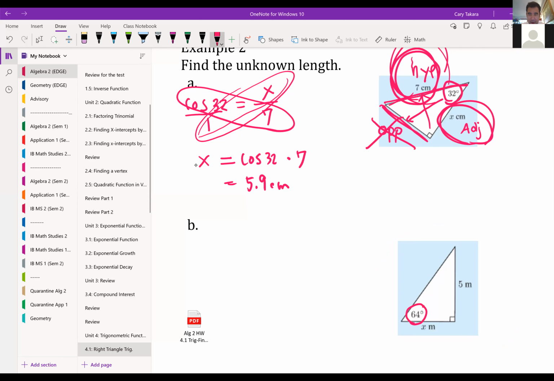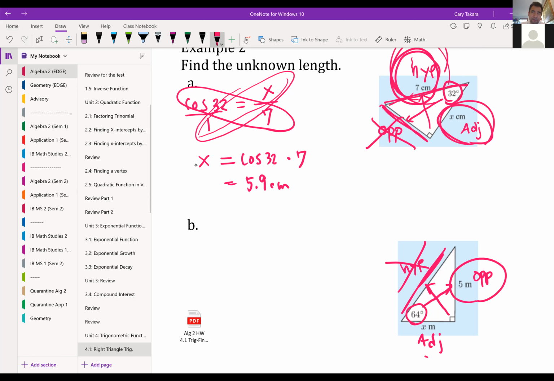That means opposite is going to be this side. Opposite is 5 meters. Hypotenuse is always the side across from the 90 degree angle. So that's the hypotenuse, and there is nothing on the hypotenuse, is there? That means the hypotenuse is basically out of the picture. Then this is adjacent.